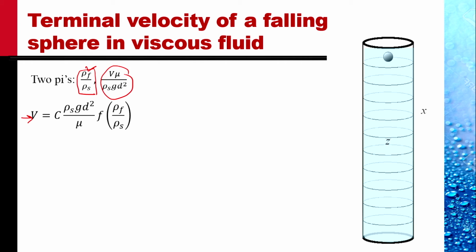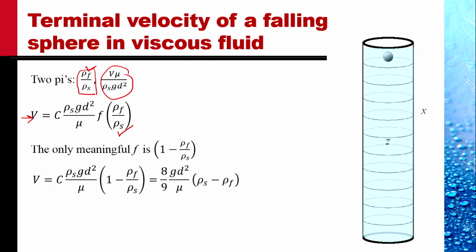So it is not rho s or rho f independently in this, but it should be the difference rho s minus rho f. So this parameter should have a form of rho s minus rho f divided by rho s, or 1 minus rho f divided by rho s.